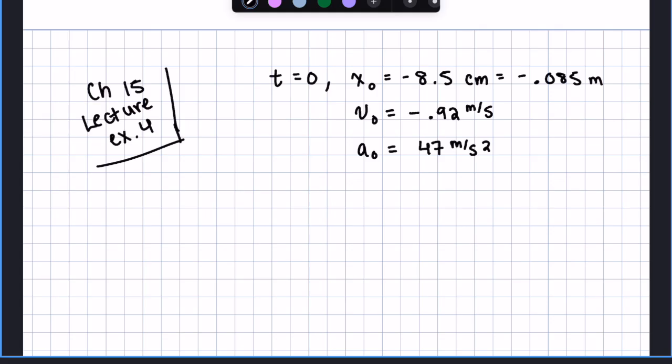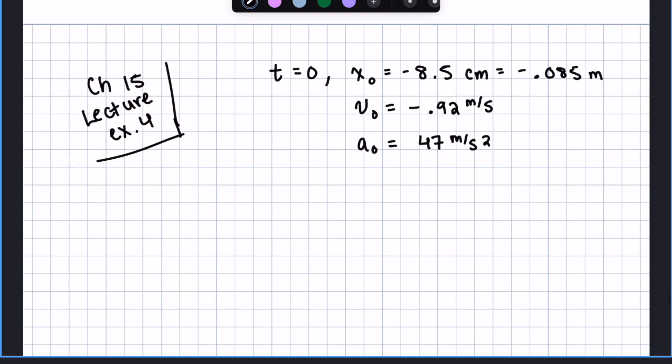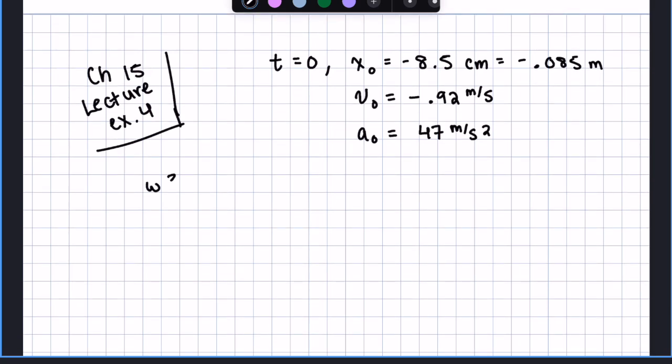Okay, so for the first part, we were looking for the angular frequency. I think that part's a little straightforward. I'll at least write it out so we know what we would have needed to do for that part. Working from the equation sheet, the acceleration at any time is equal to omega squared times the position at any time.